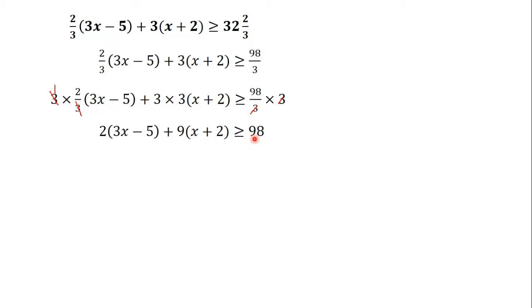Now you see this becomes like type 3 of linear inequalities. So you open the brackets and you simplify.